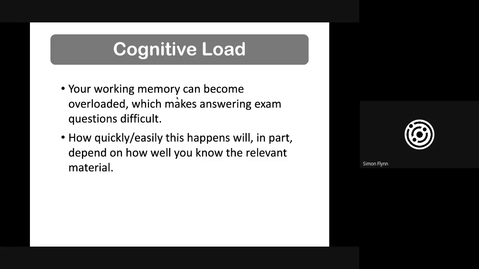So one person can find one exam question much easier than another person, simply because they happen to know it better, and it means there is less chance of their working memory being overloaded, right? So one factor that affects your working memory, your ability to process and answer a question, is fundamentally how well you know that topic and the information in the first place.